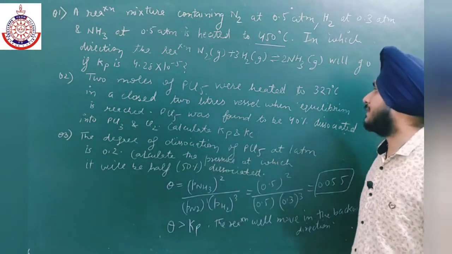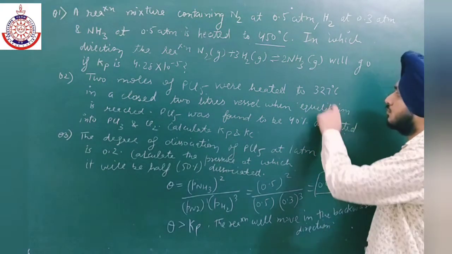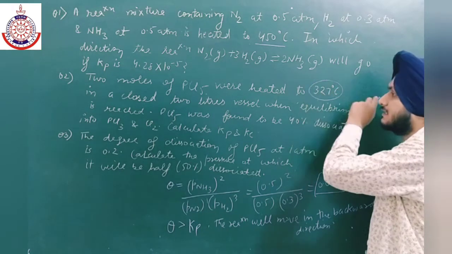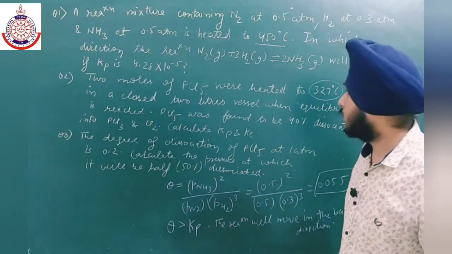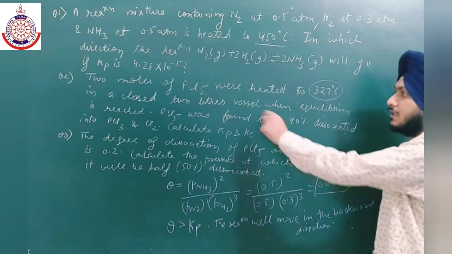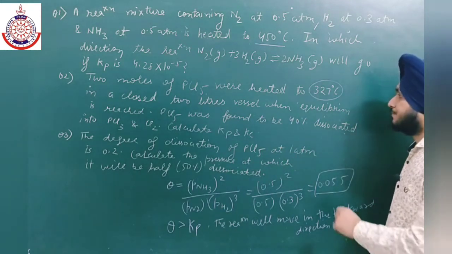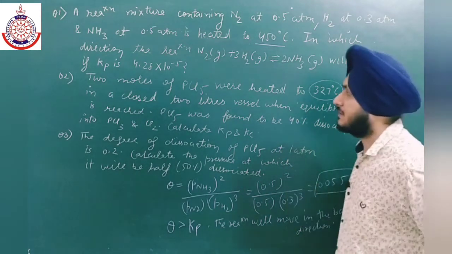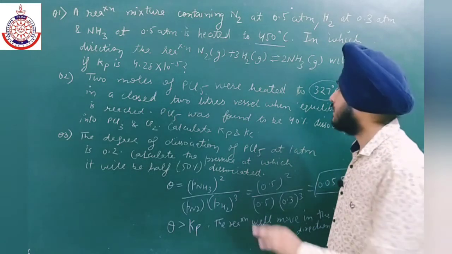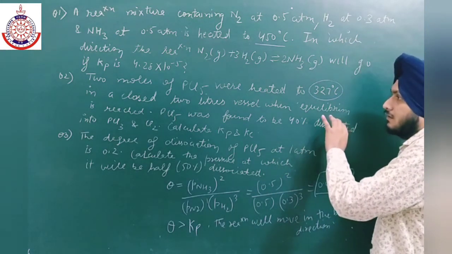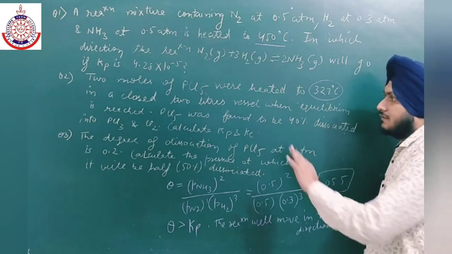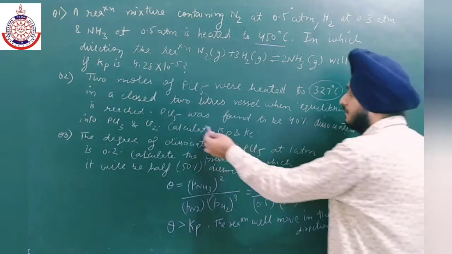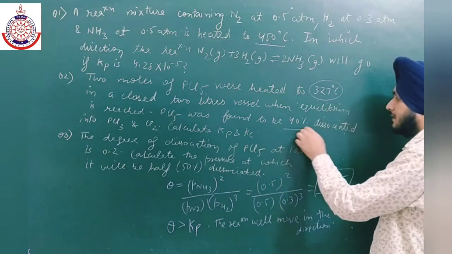2 moles of PCl5 were heated to 327 degrees Celsius in a closed 2-liter vessel. The volume is given to us as 2 liters. When equilibrium is reached, PCl5 was found to be 40% dissociated.